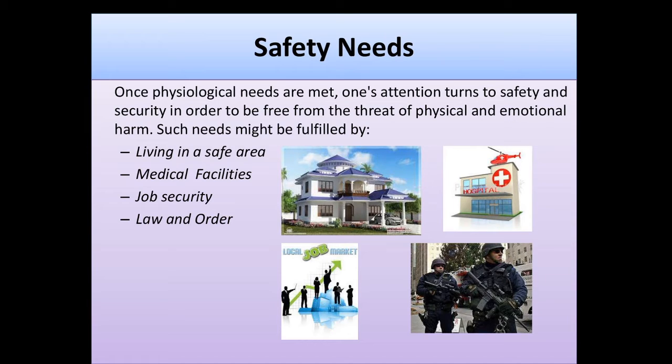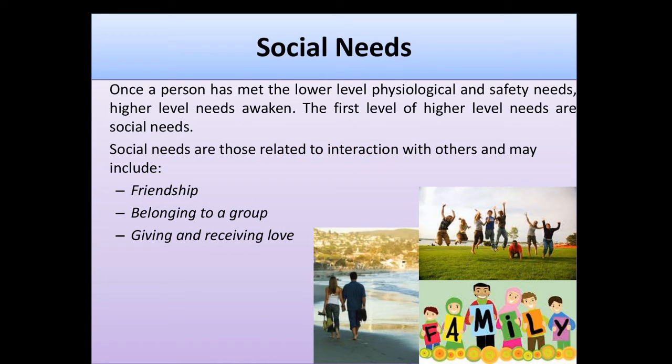So please understand, students, directly nobody will be telling that I need only this. No, it is not like that. First physiological, then safety, then comes social needs. After fulfilling the safety needs in life, you will be thinking of the next level: you should have very good friendship, a very good group near your houses, then family members, then giving and receiving love.